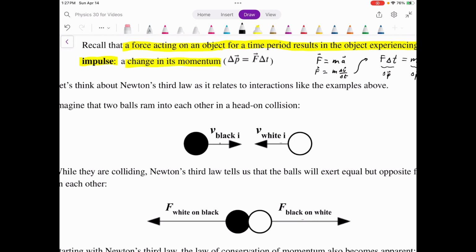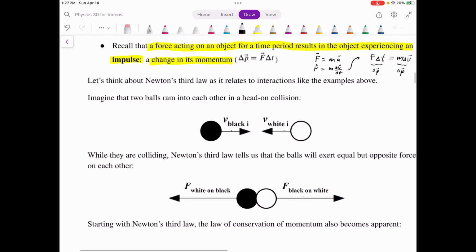So overall, what was the change in momentum of the system? Maybe one changed by positive 1 kilogram meter per second, while the other changed by negative 1 kilogram meter per second. So what's the overall change in momentum of the system? 0 kilogram meters per second. In other words, the total momentum did not change. Sound like the law of conservation of momentum?